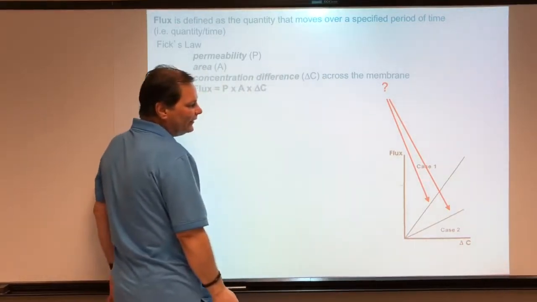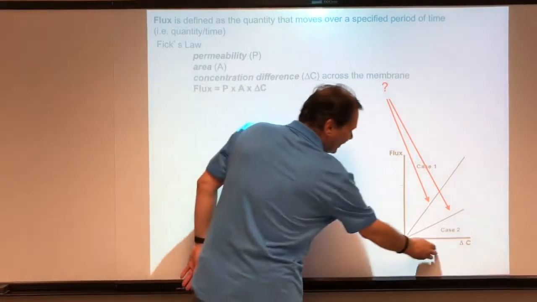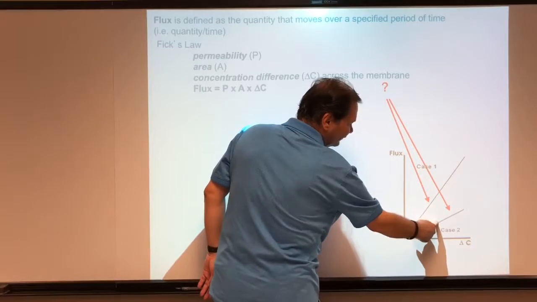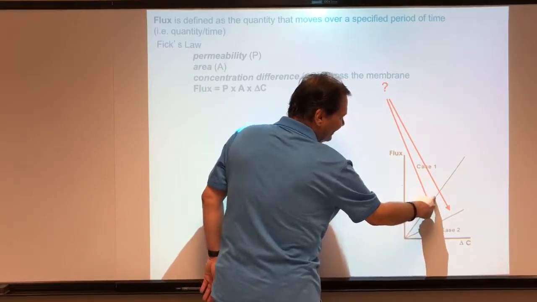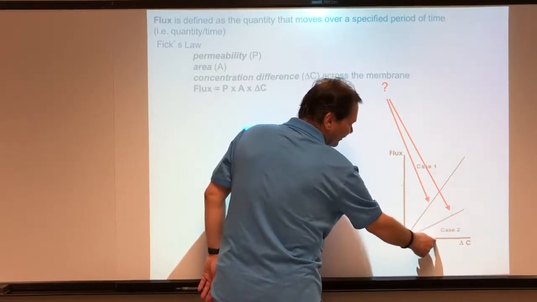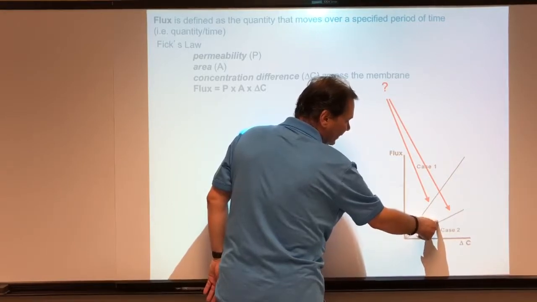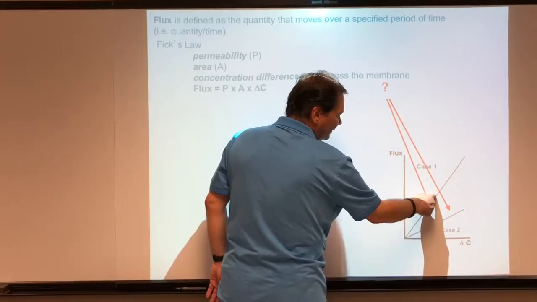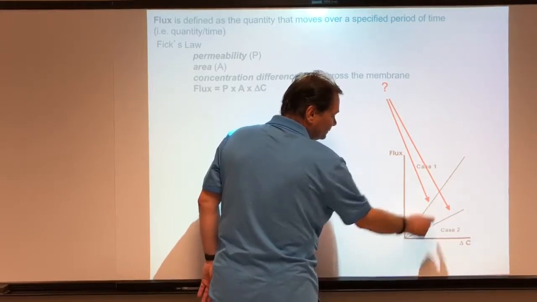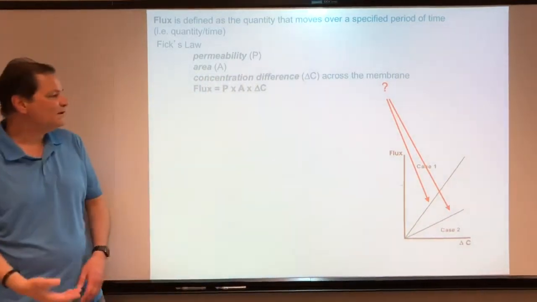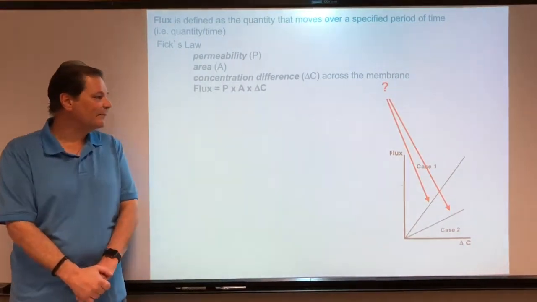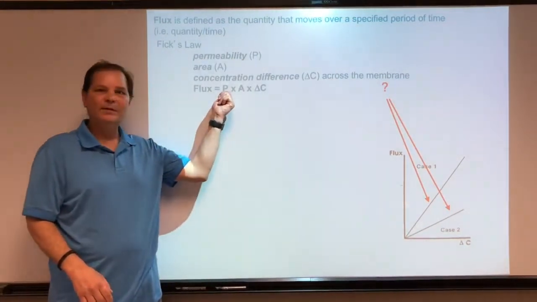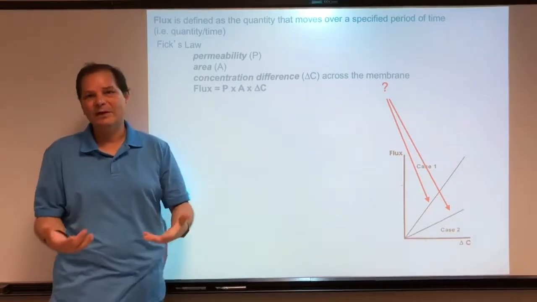Now you'll notice in one case, we have a lower flux at a given concentration difference than in the other case. So for molecule 2, I have a lower flux at the same concentration difference than molecule 1. So which molecule is most permeant to the membrane? That is, which has the highest permeability P, case 1 or case 2?